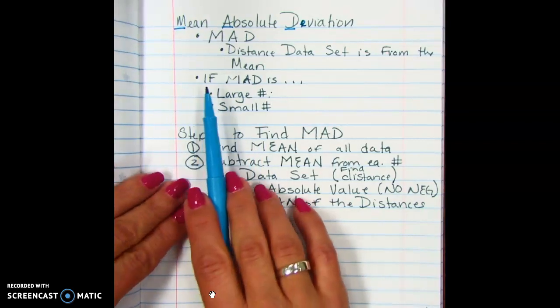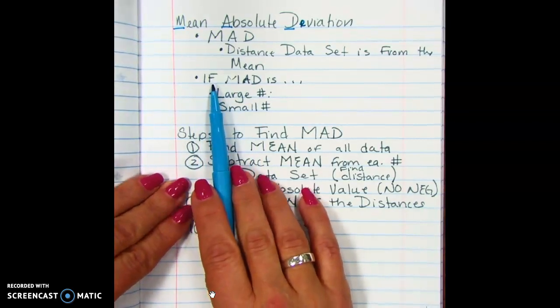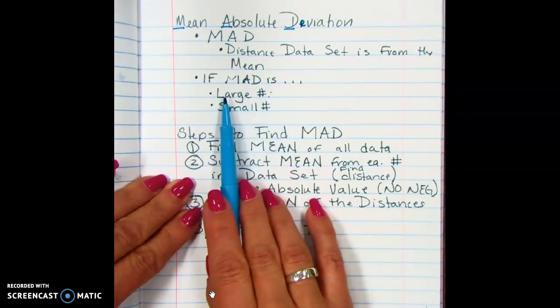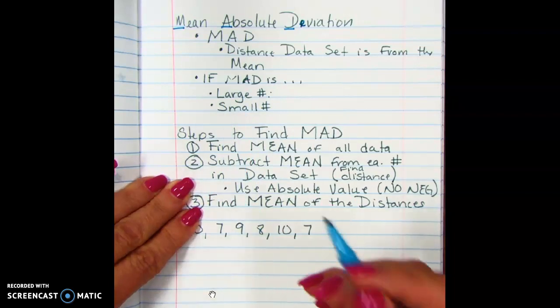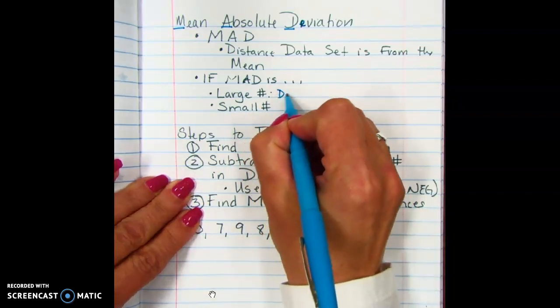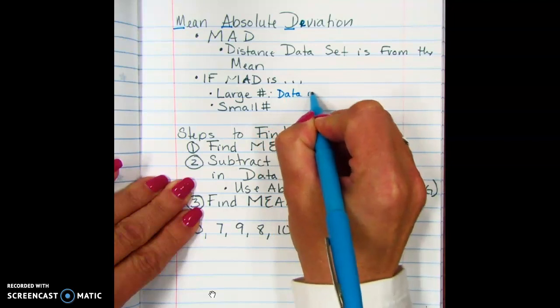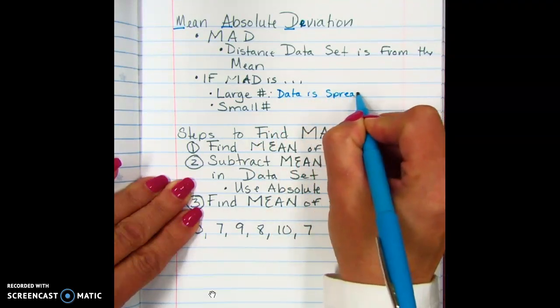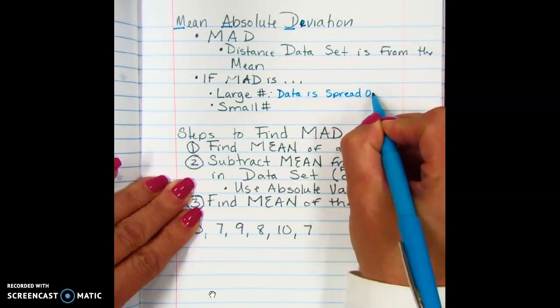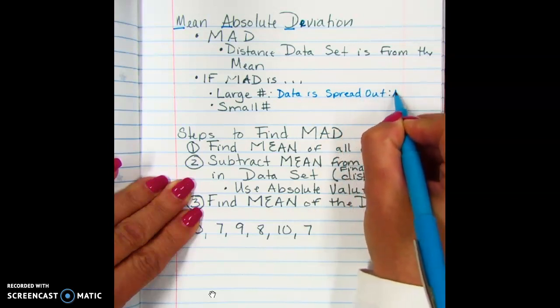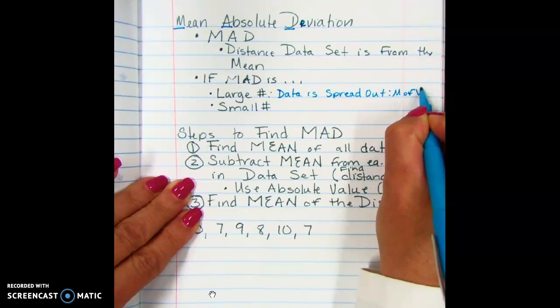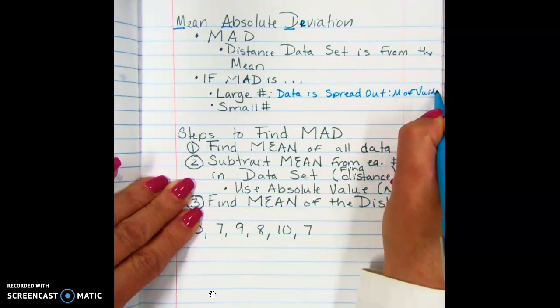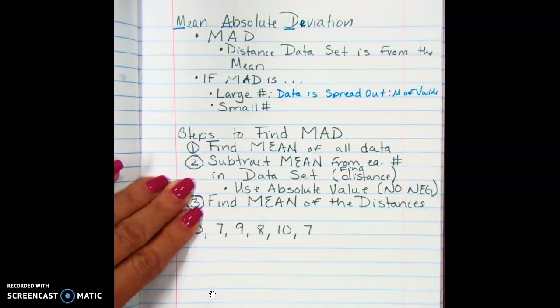One thing: if we determine the MAD and it is a large number, we know that the data is spread out. So the measure of variability is pretty wide. There's a wide range.